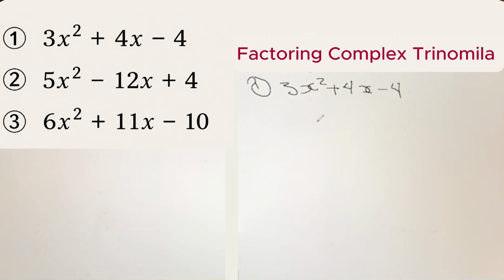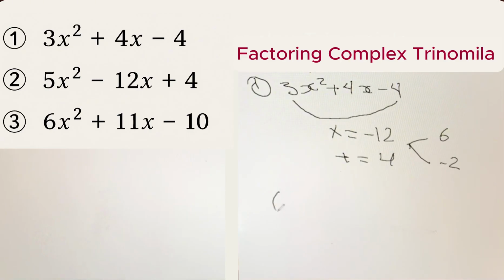To factor this, we're looking for two numbers that multiply to give us negative 12, the 3 times the negative 4, and add to give us the number in the middle, the coefficient of x, which is the 4. The two numbers that would do that are 6 and negative 2.